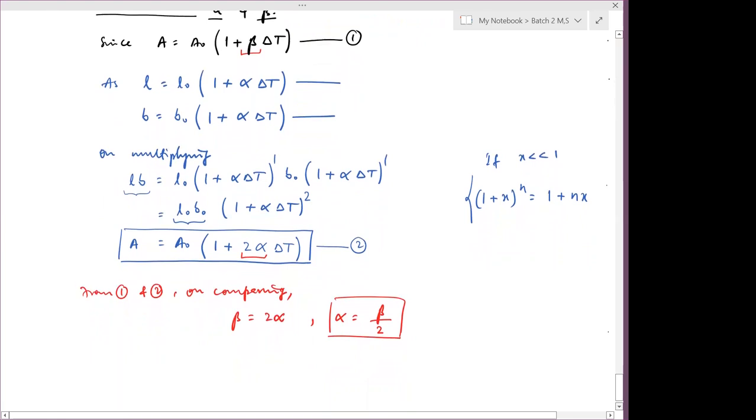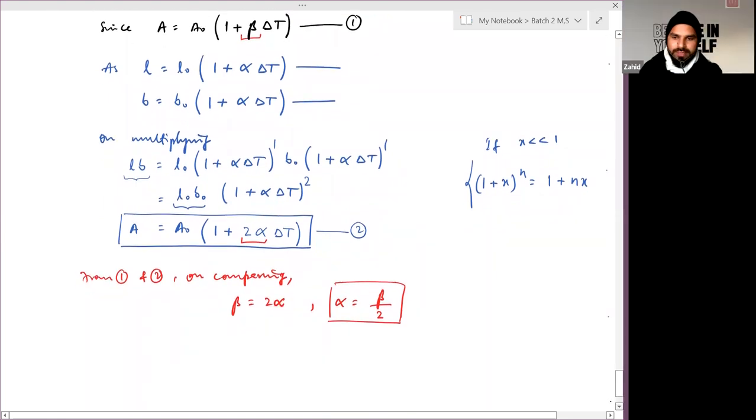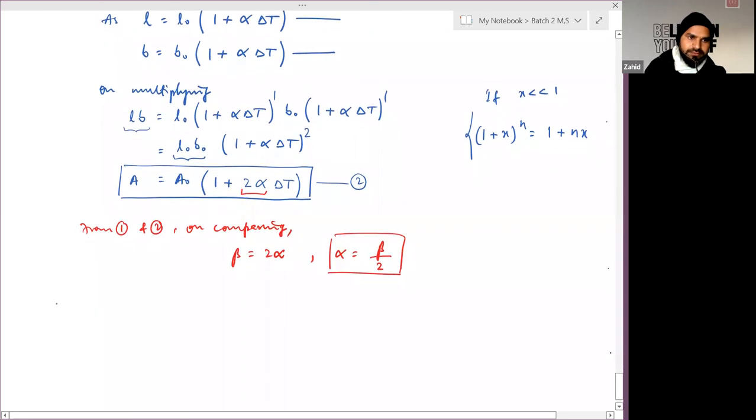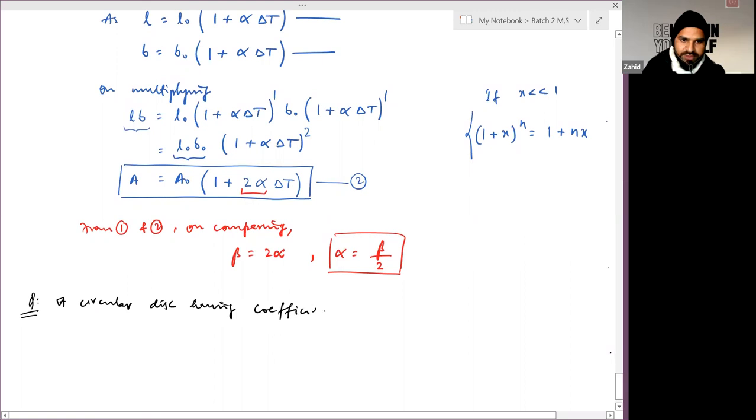No, sir. Okay. Now related to this part, let me give you a question. A circular disc having coefficient of expansion along its radius is 2 into 10 to the power minus 4 Kelvin inverse.